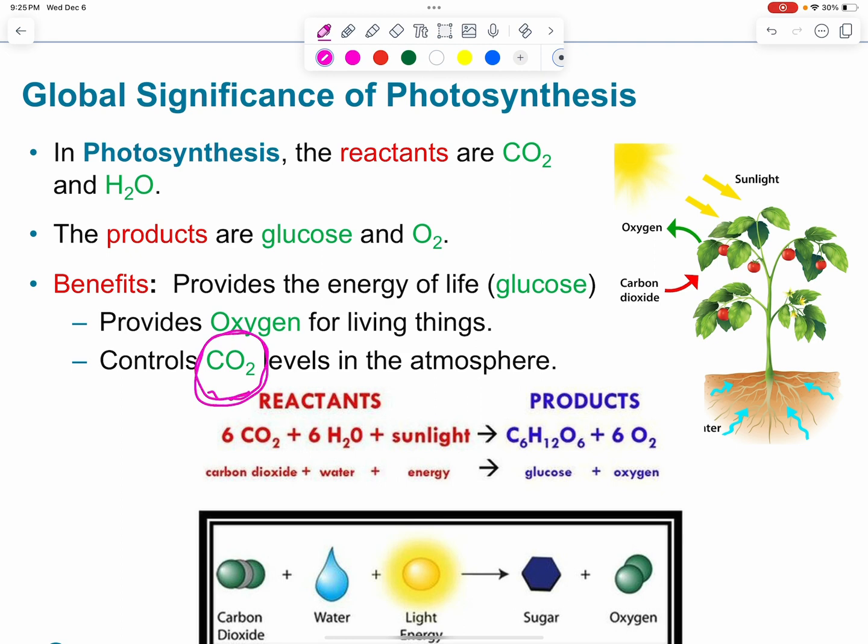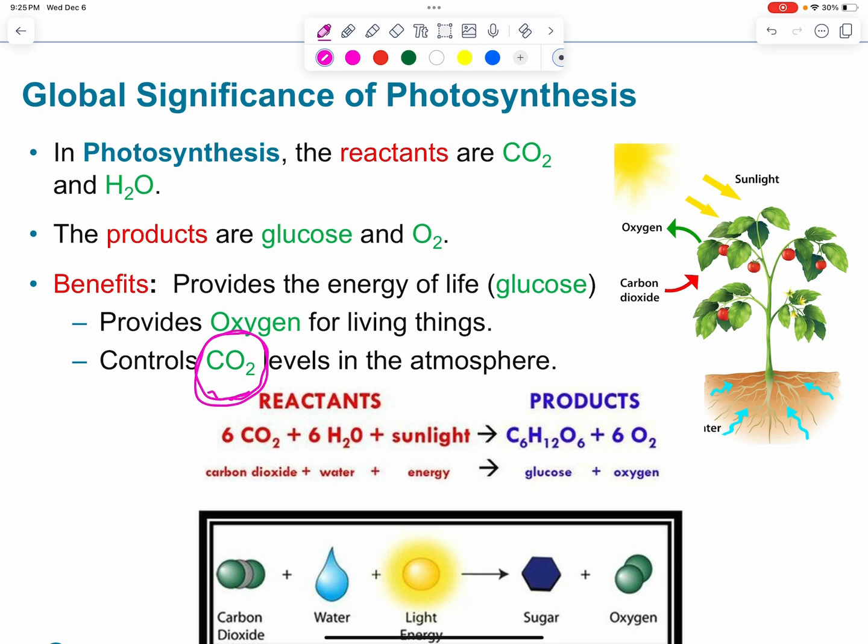So when you burn fossil fuels, you're putting carbon dioxide in the atmosphere. Raising that is going to make the temperature rise in our planet. So how do you offset rising levels of CO2 in the atmosphere? Plant more plants. Funny how it's a verb and a noun. Make sure we're not cutting down plants without replacing them.